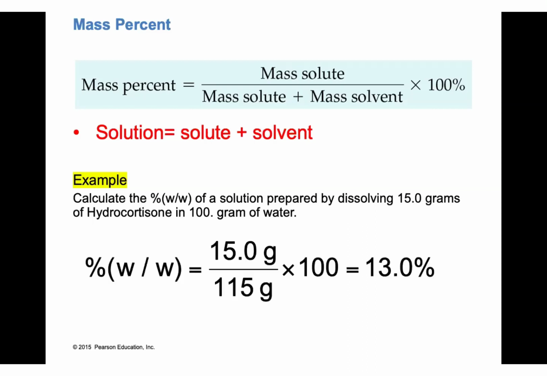So what I should do is divide my solute, which is 15 gram and is the smaller amount, on top, and add up my solute plus my solvent. 100 plus 15, what comes out? 115, times 100.